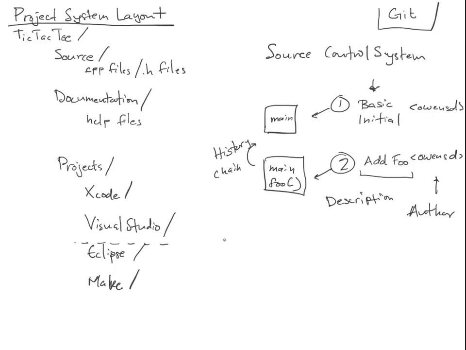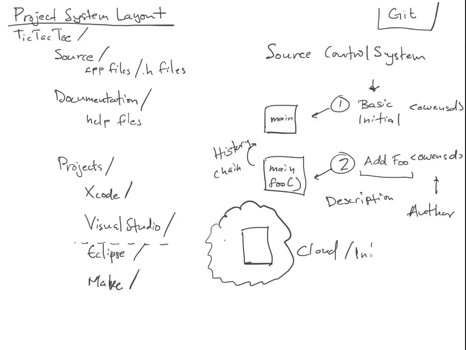A lot of source control systems are essentially set up like this, where you have some computer off in, we'll call it the internet, or the buzzword, I guess, that everybody says is the cloud. This is really just online somewhere. And then you have your little computer over here.